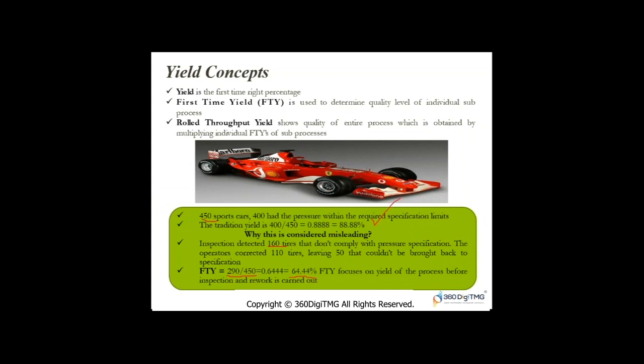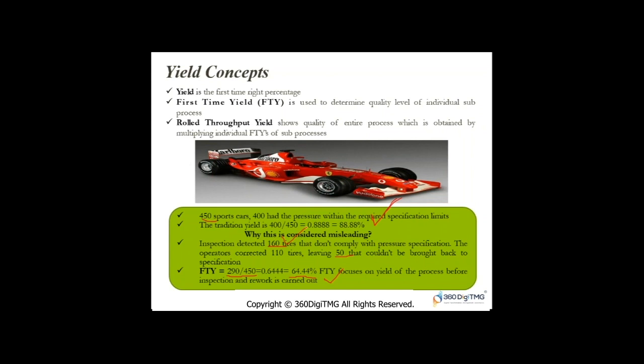Look at the difference between traditional yield and first time yield. Traditional yield is trying to cover up and say that, you know what, there are only 50 tires which could not be brought back to the specification. But in reality, during the first check, there were 160 tires which did not comply with the pressure specification.